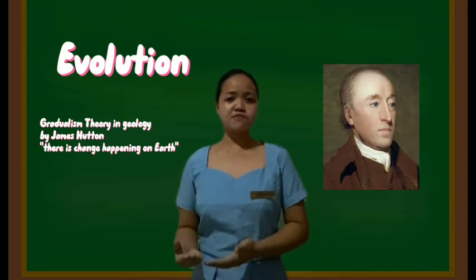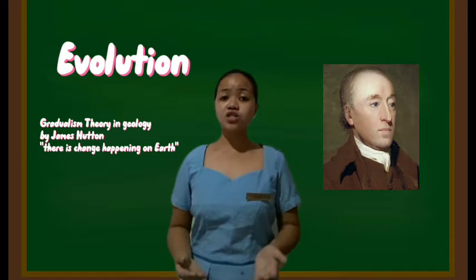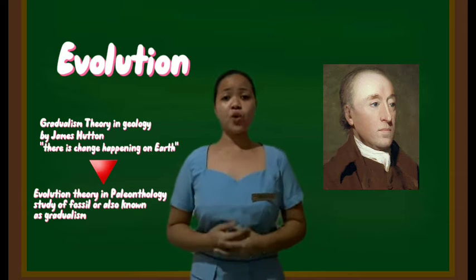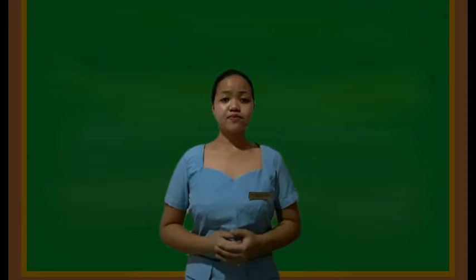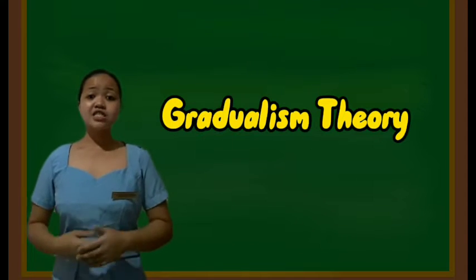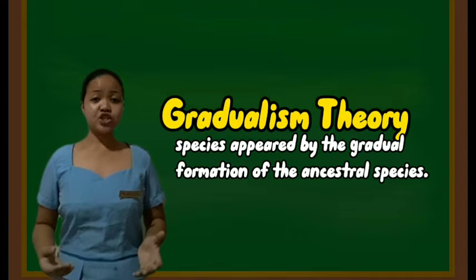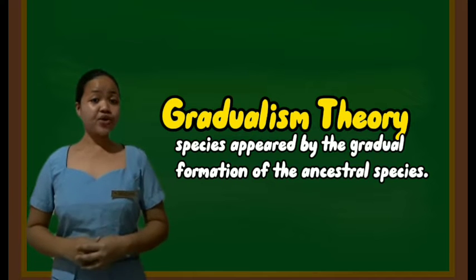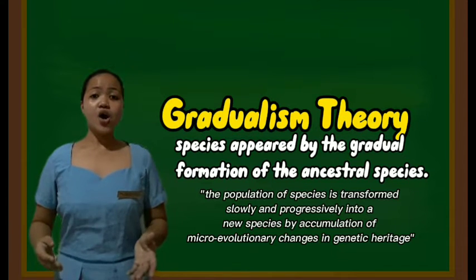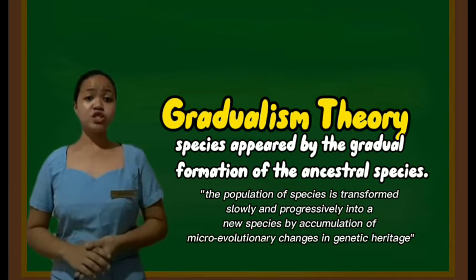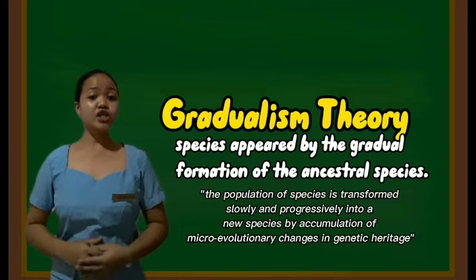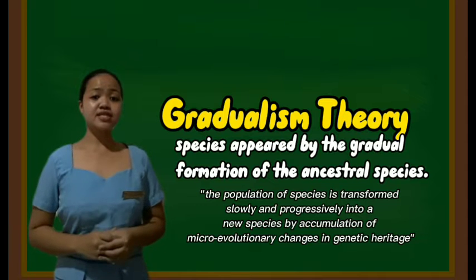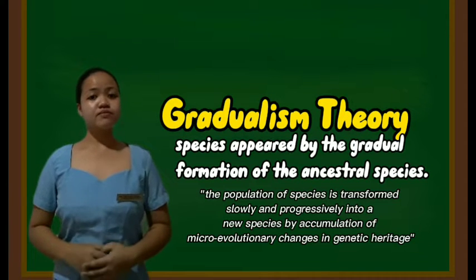This theory inspired the evolution theory in paleontology, which is the study of fossils, also called gradualism, according to which species appeared by the gradual formation from ancestral species. Based on this theory, the population of a species is transformed slowly and progressively into a new species by the accumulation of microevolutionary changes in the genetic heritage.